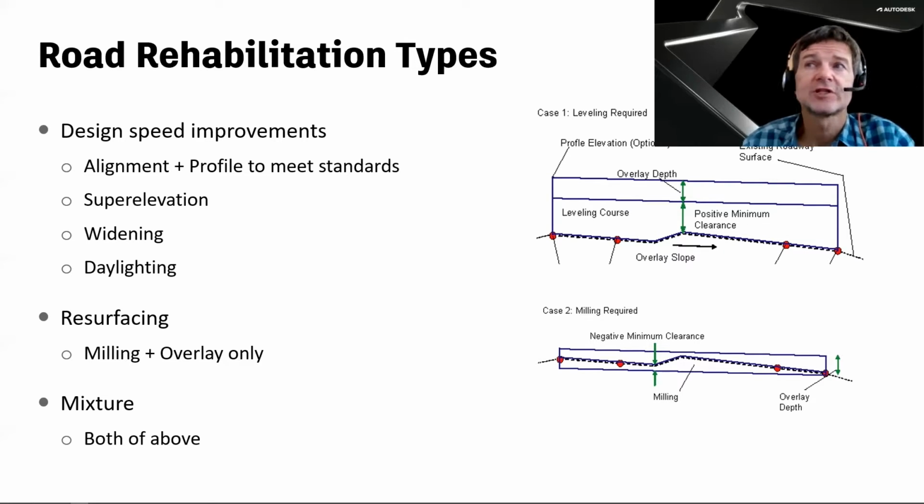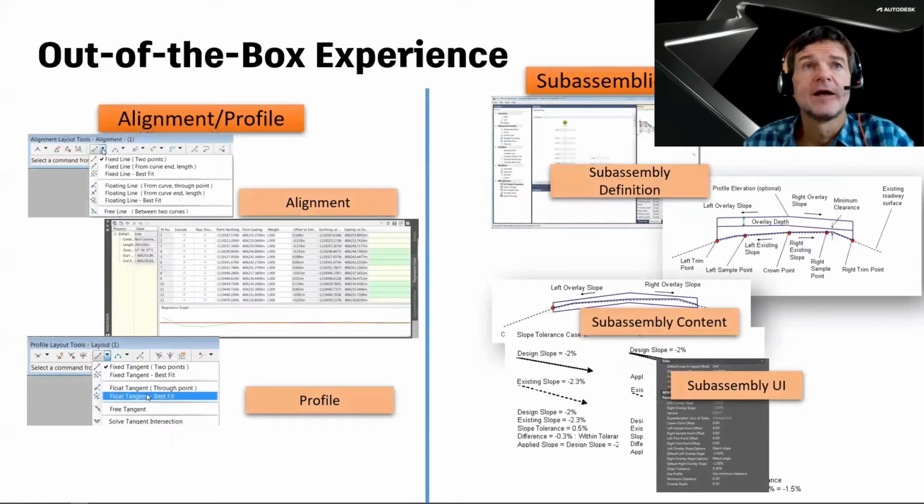For the first part, we have obviously a standard way of doing it, but using the advantages of best fit alignment and best fit profile, which will help you not to do it step by step, point by point, and I will show it to you soon. And with resurfacing, it's more about intelligent sub-assemblies which can be utilized. And if we are talking about Civil 3D, because we are moving to the design stage, we have functionality for alignment and profile.